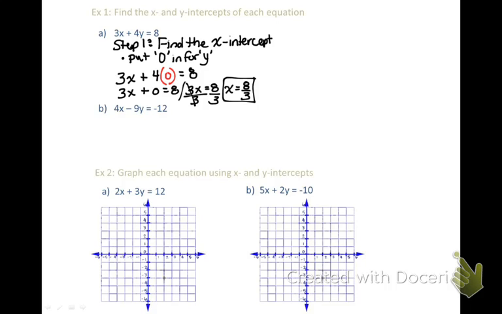Now step 2. Find the y-intercept. This time we're going to put 0 in for x.